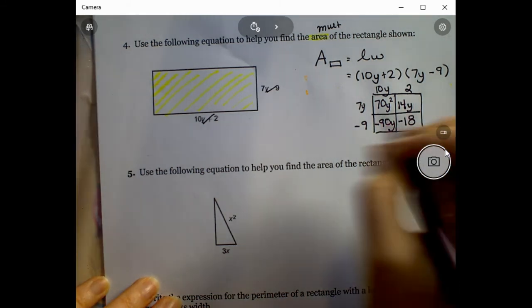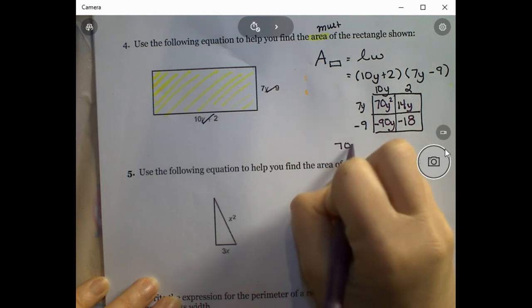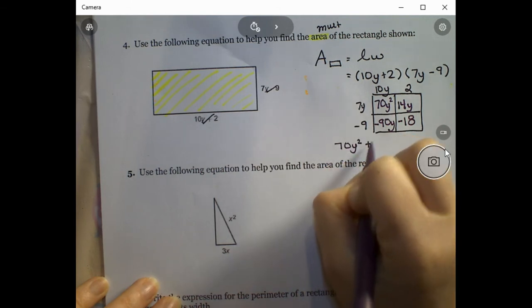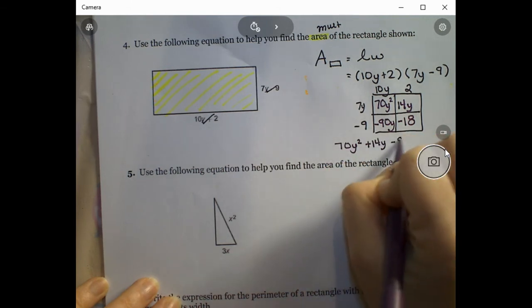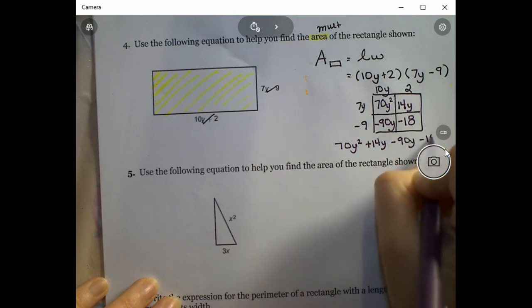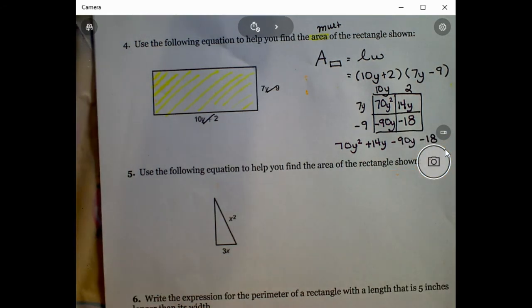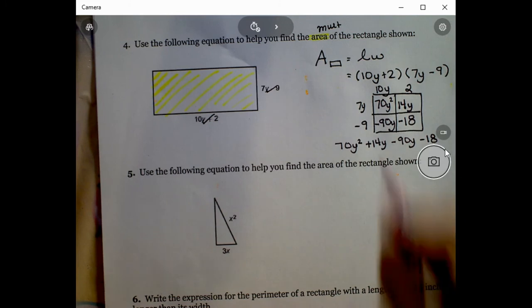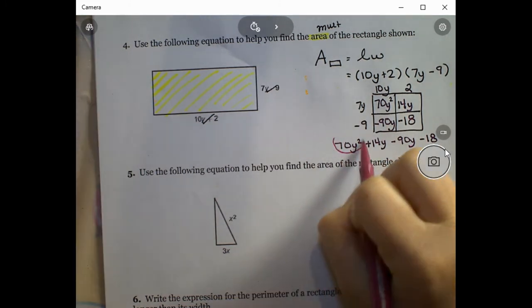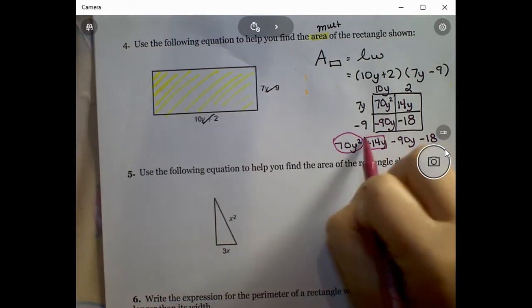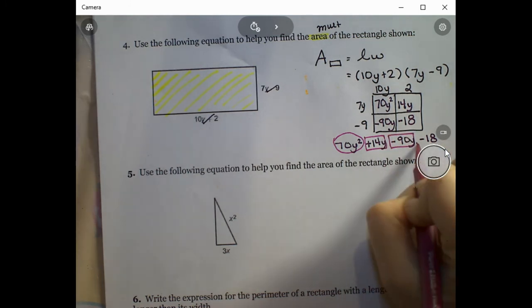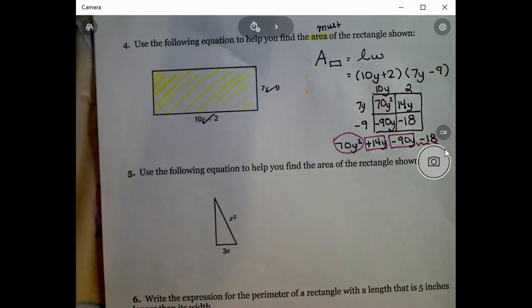Pulling everything out of the boxes, checking through to combine like terms. We have y squareds, plain y's, and constants.